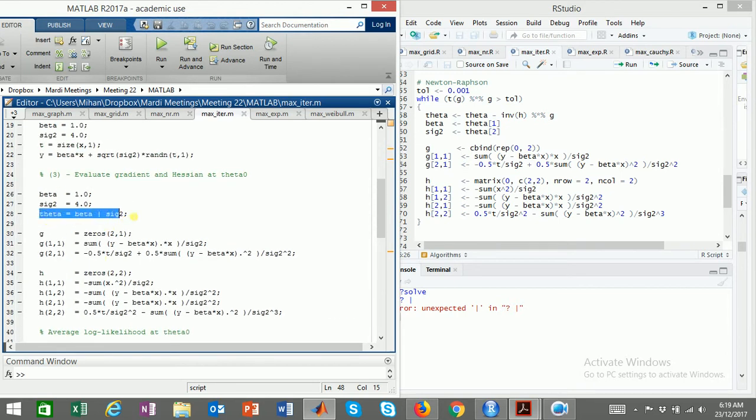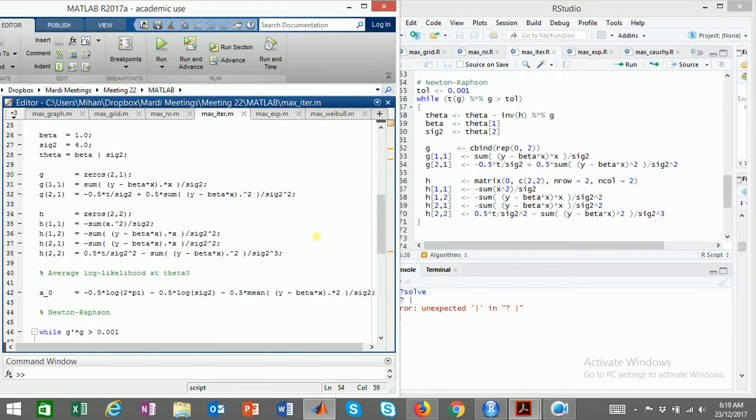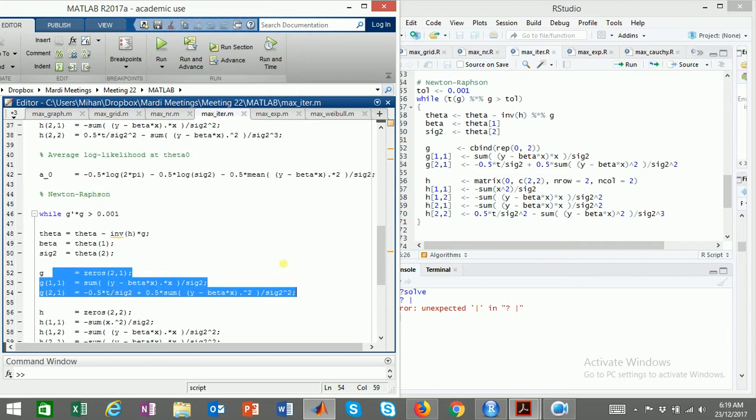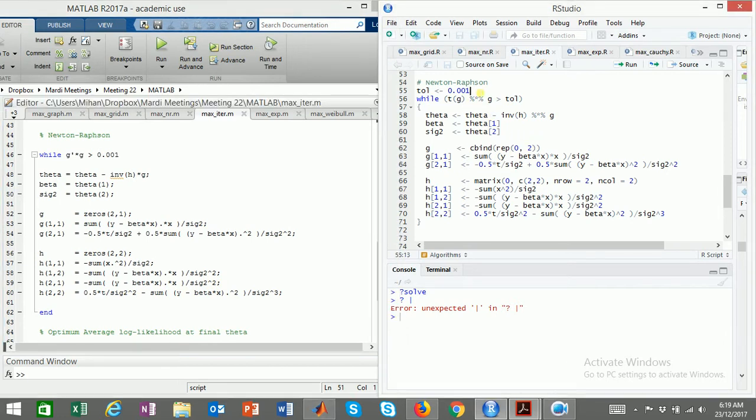In theta we have beta and sigma square. Then we do the gradient again. There is no change to this gradient compared to the previous calculation, and the Hessian remains the same.